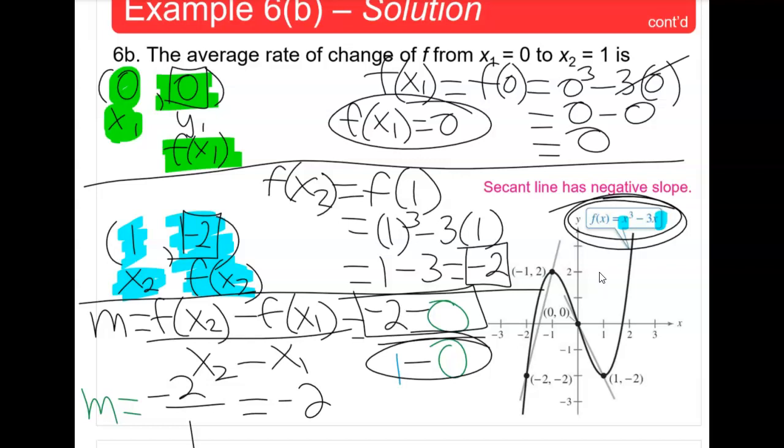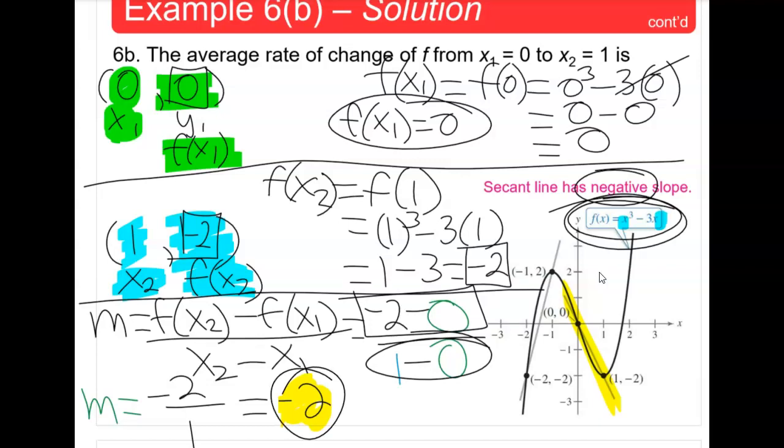And you could see that it is negative. So the negative slope is happening here. And you could see that at that point of the graph, it is decreasing. The graph is decreasing in that interval. And so that is why the slope is negative.